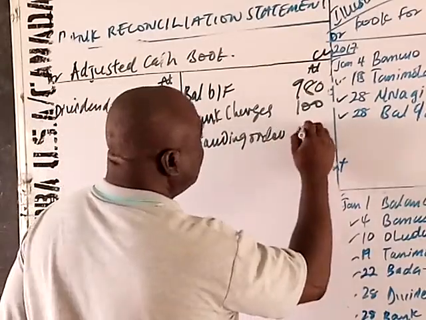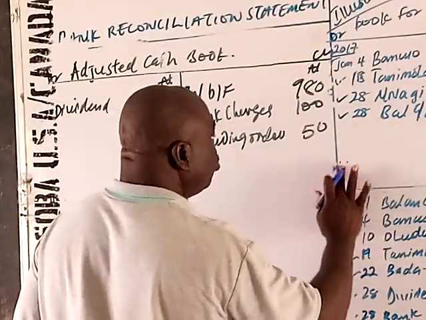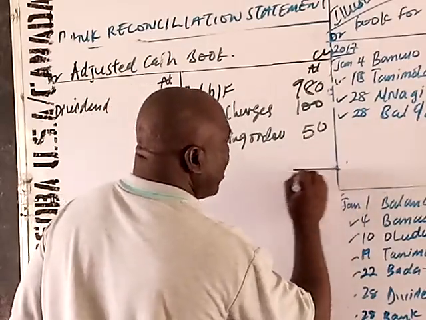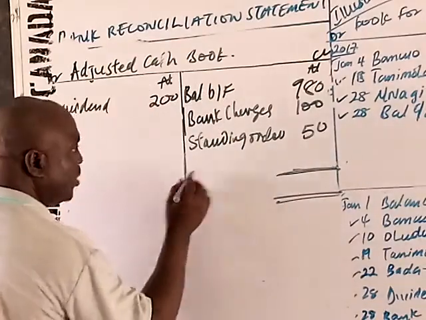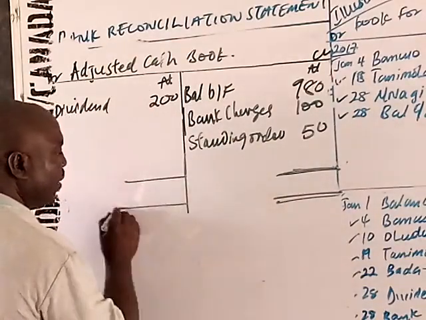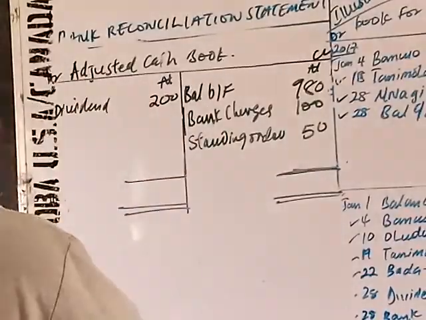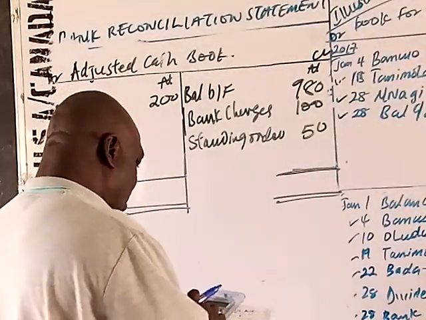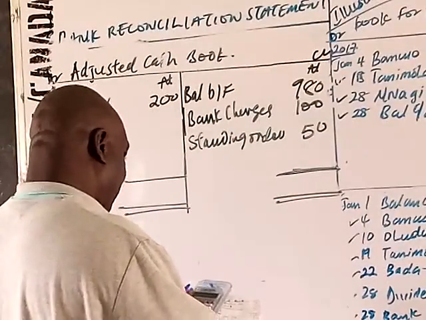which is 50. So you leave a space, like I always say, you want to leave at least 2 lines for possible errors. Now you have 980 plus 100 plus 50.